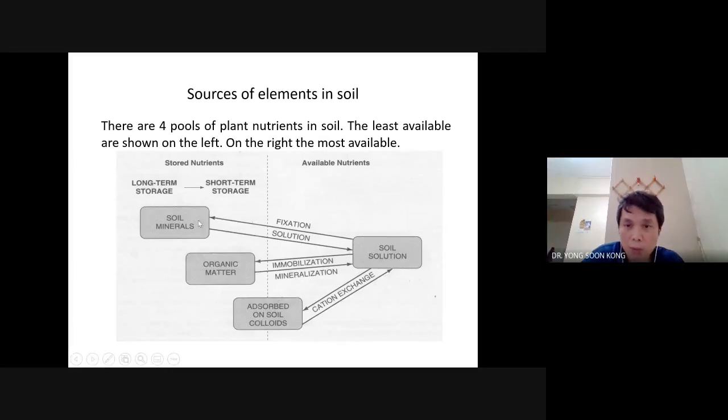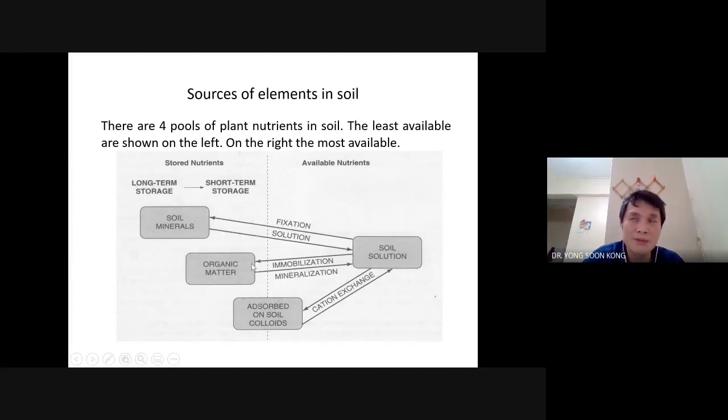Okay, now once these elements are dissolved in soil solution, they may become organic matter. From solution into organic matter, there is some active uptake. That means this organic matter, whether it's dead organic matter or a still-living organism, has something to do with active uptake.